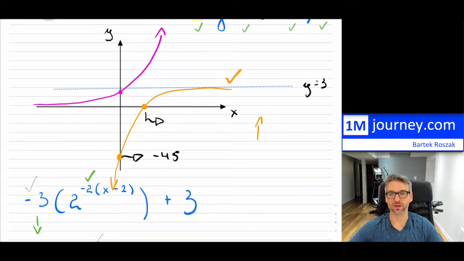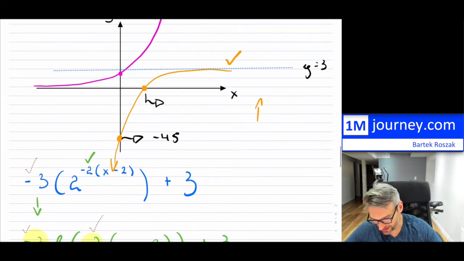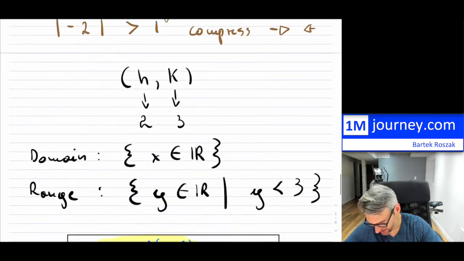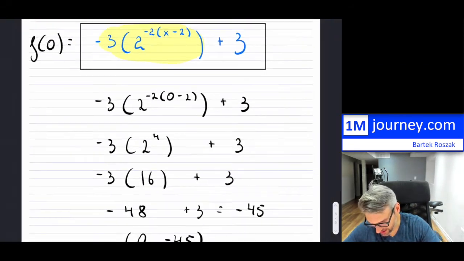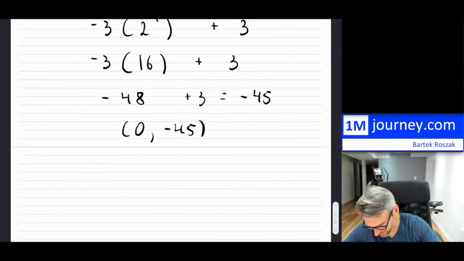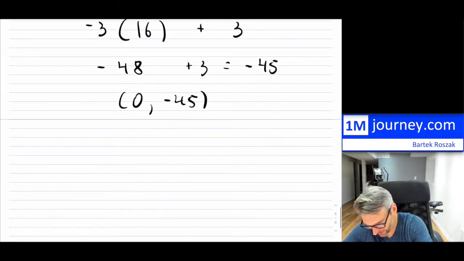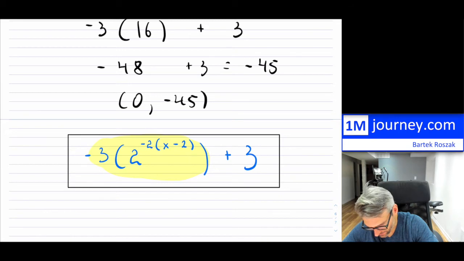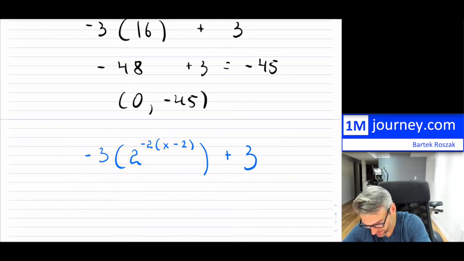Now, can we find our x-intercept? This might be a little bit harder. This question didn't ask it, but let me do it anyway. How would you find that? That happens when y is equal to 0. So if I took the same thing, let me paste it. Here, this is when y is equal to 0.